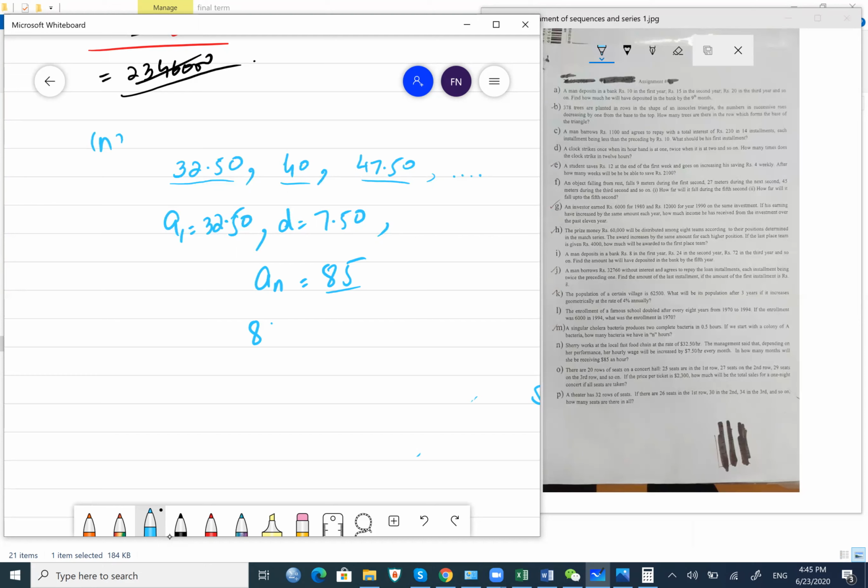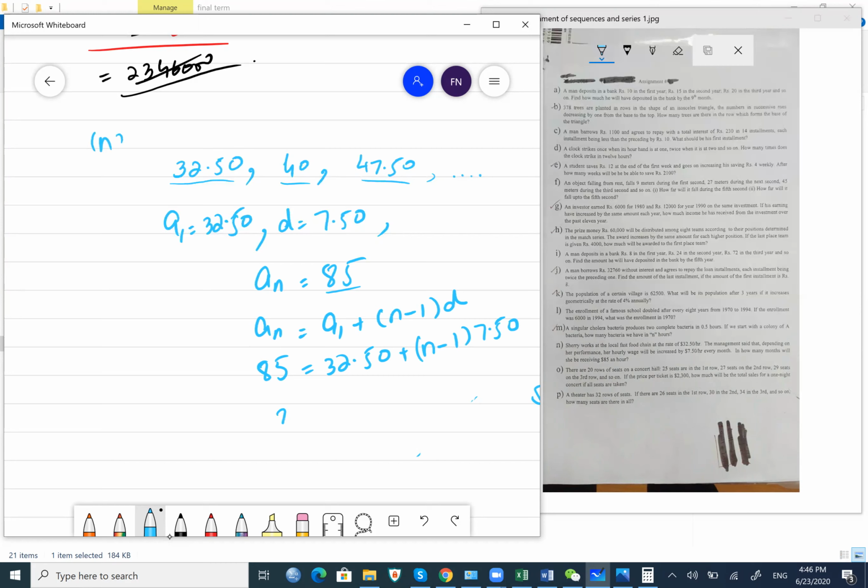So 85, let me write first the formula. AN equals A1 plus N minus 1 times D. 85, A1 is 32.5 plus N, which we want to know, minus 1, D is 7.5.